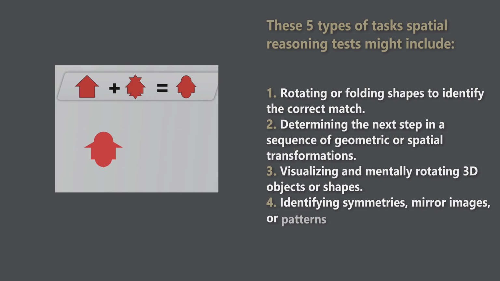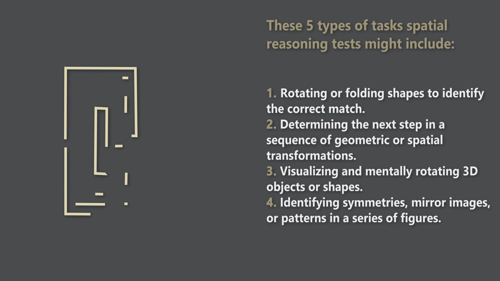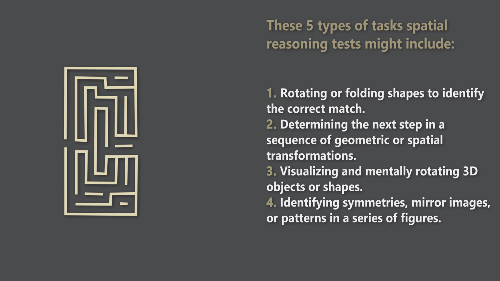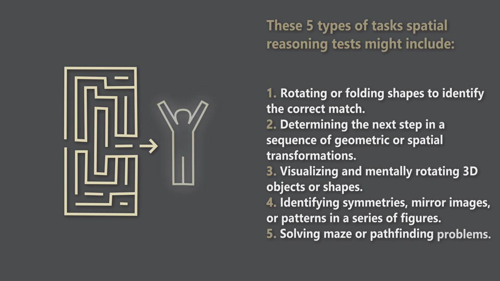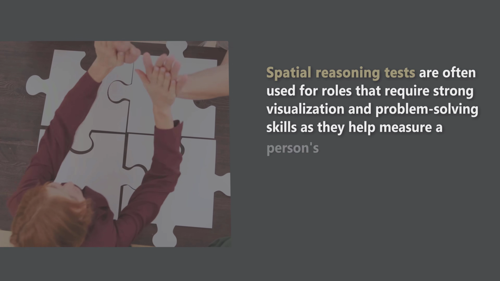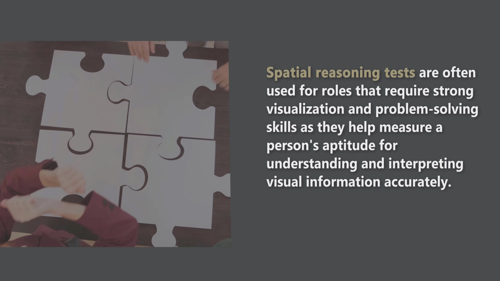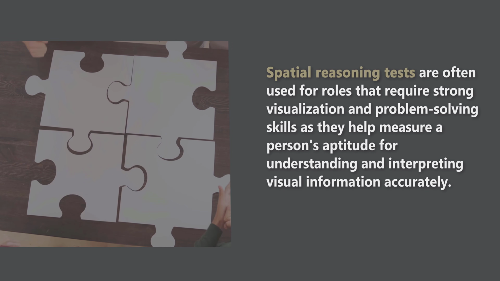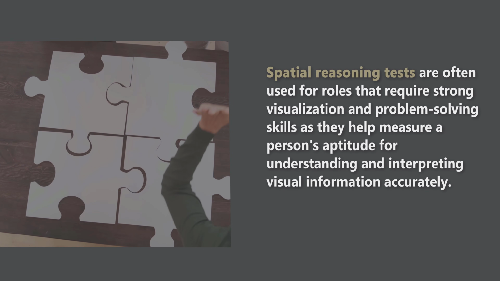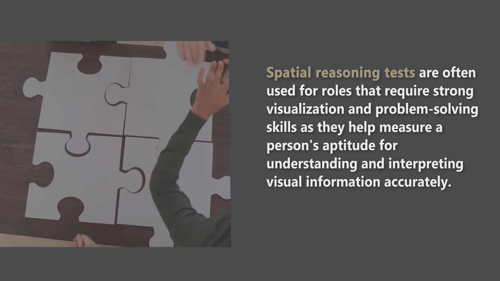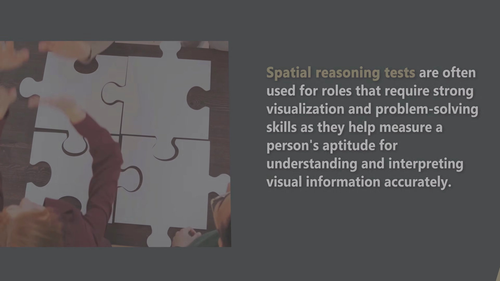Number 4, identifying symmetries, mirror images, or patterns in a series of figures. And last but not least, number 5, solving maze or pathfinding problems. Spatial reasoning questions are often used for roles that require strong visualization and pattern-solving skills, as they help measure a person's aptitude for understanding and interpreting visual information accurately.